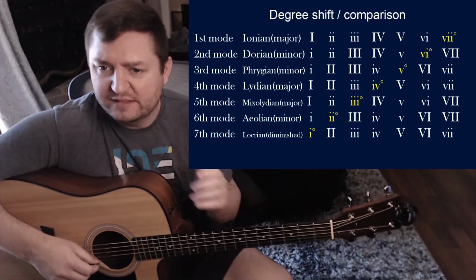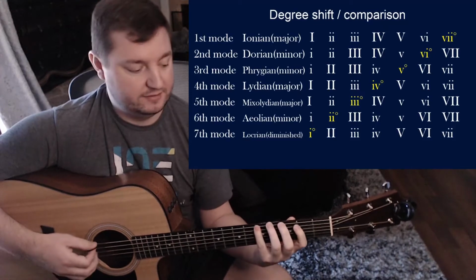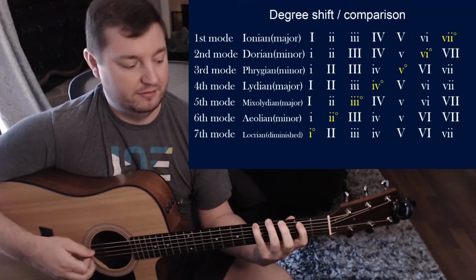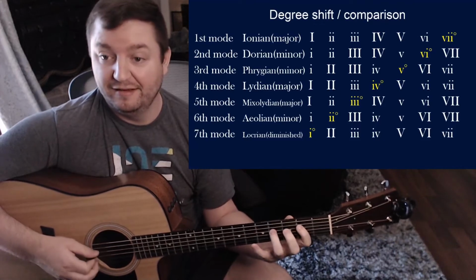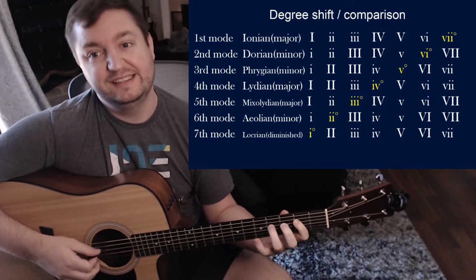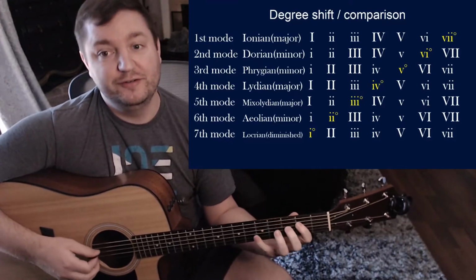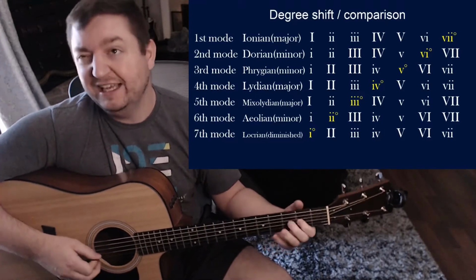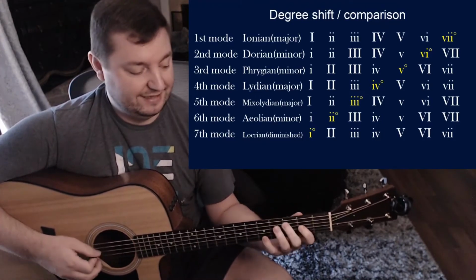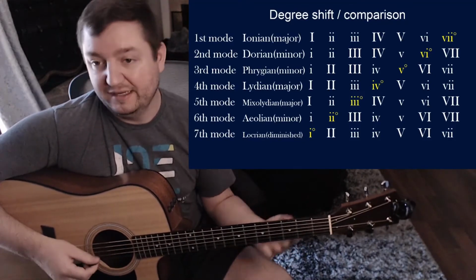So that means Dorian has to shift. Dorian becomes this. Just start playing the 2nd note of the major scale. 1, 2, 3, 4, 5, 6, 7. And then if you want to play Phrygian, 1, 2, 3, 4, 5, 6, 7. So it kind of goes from there.